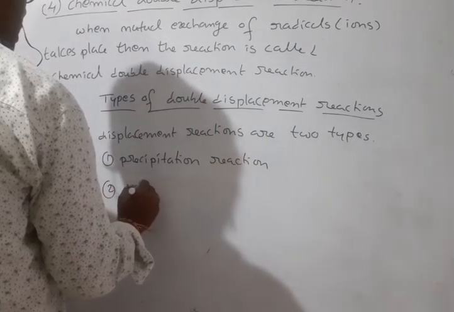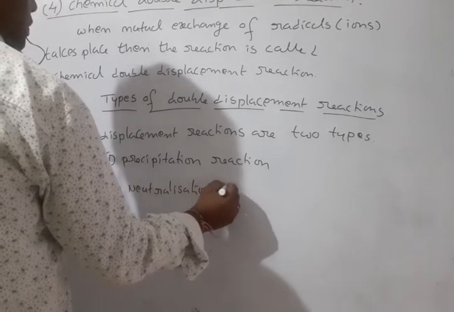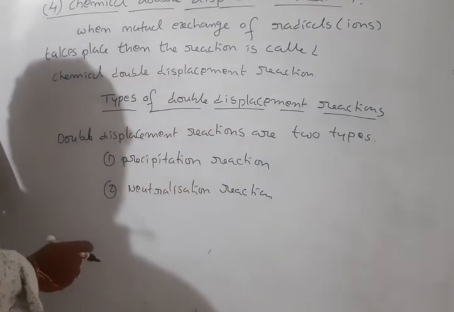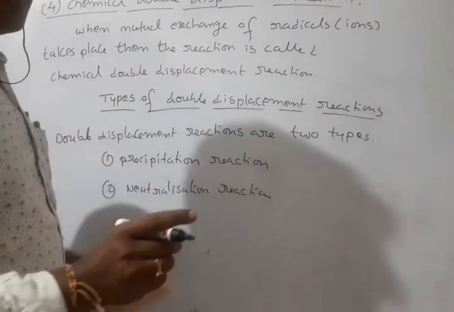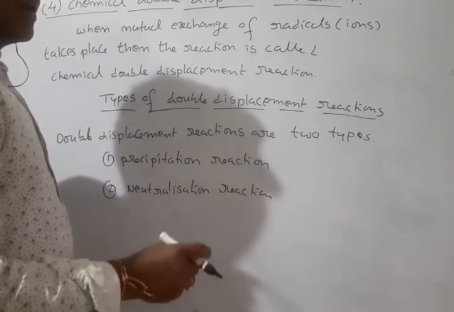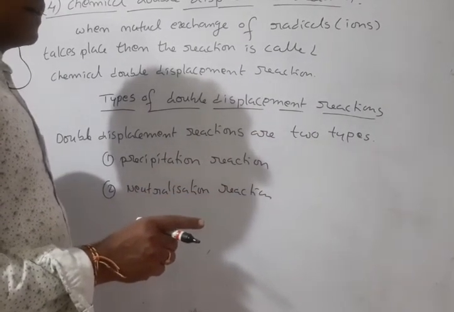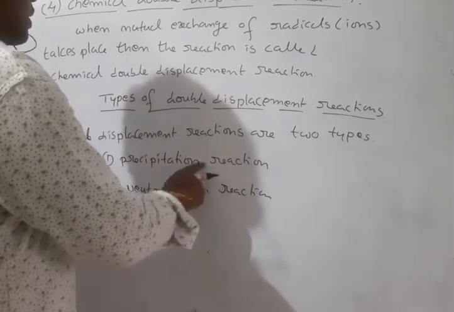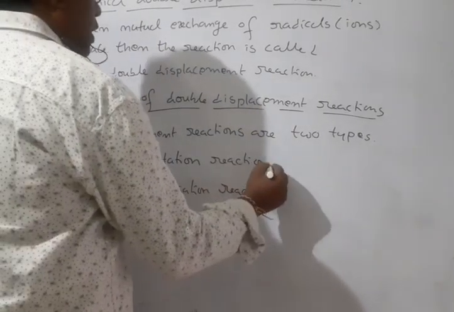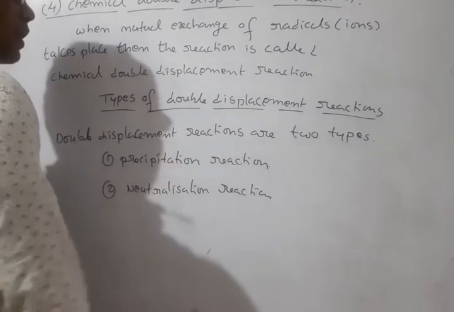Second one is neutralization. So I already explained what a precipitation reaction is. Once again I repeat it. A separate solid is formed in a liquid. That solid is called precipitate. In a chemical reaction, when precipitate is formed, then that double displacement reaction is called a precipitation reaction. So one of the examples of double displacement is precipitation. I already gave the example also. Look at this. And now I go to explain neutralization.